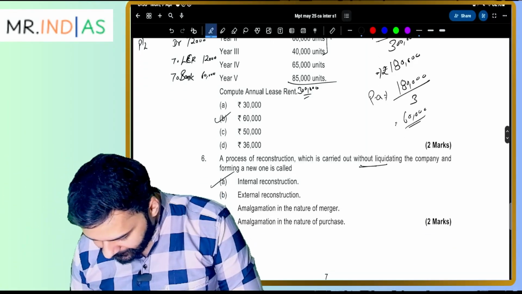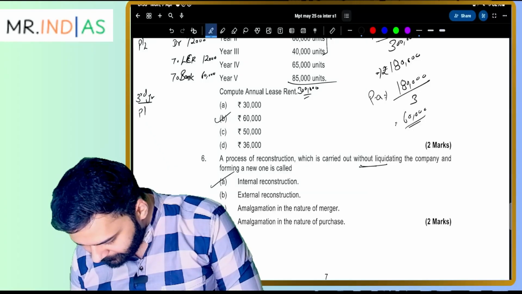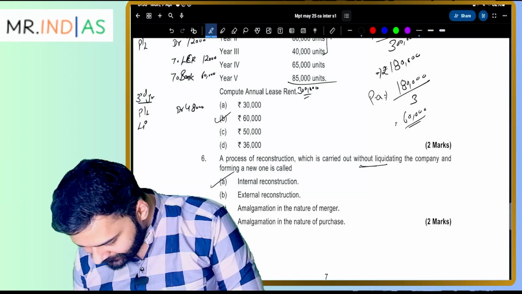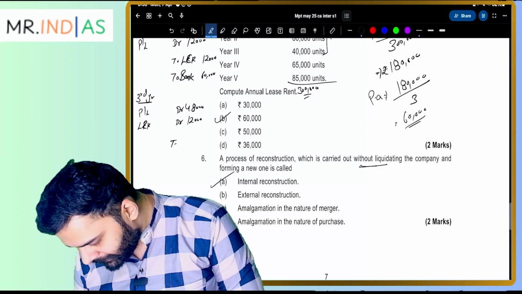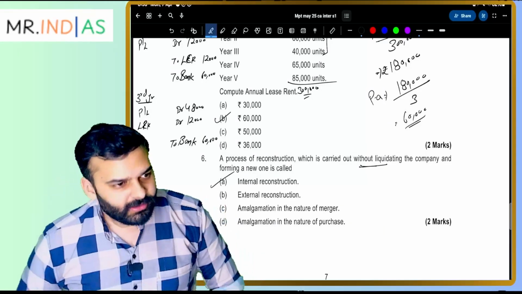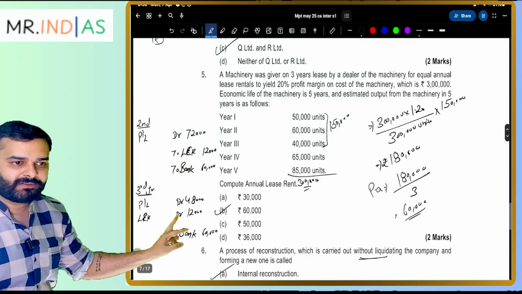In the third year, you charge P&L account debit 48,000, LER debit 12,000 to bank 60,000. So this LER that is created in the second year will get reversed in the third year.